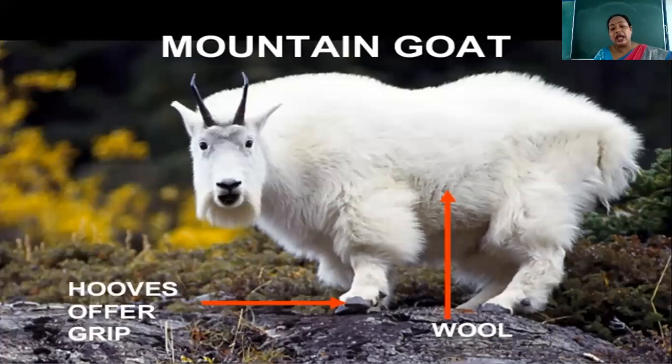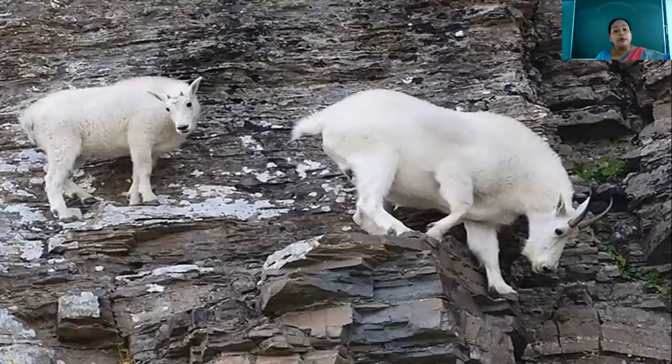Flexible means it can move in its own way so that it can easily walk on the rocks and mountains. It can adjust with the surface. These hooves help the goats to balance on the rocky slopes, and these hooves prevent the mountain goats from slipping while they are walking on the mountains.